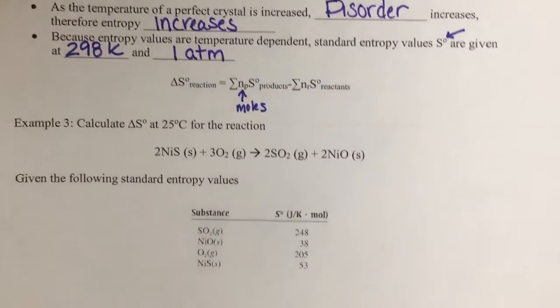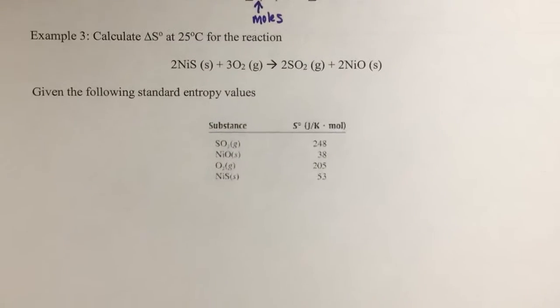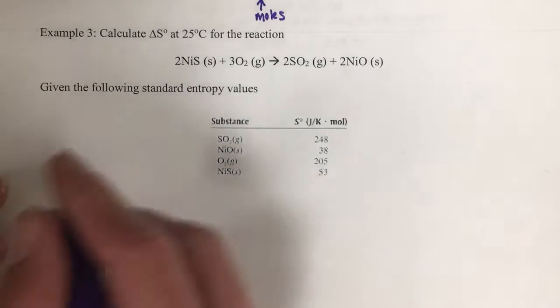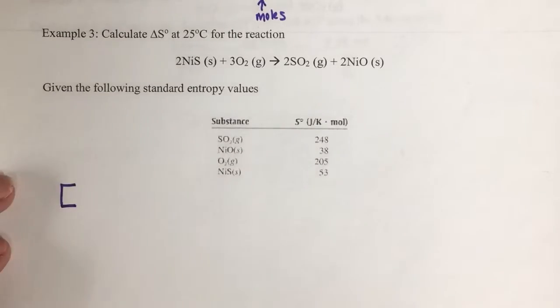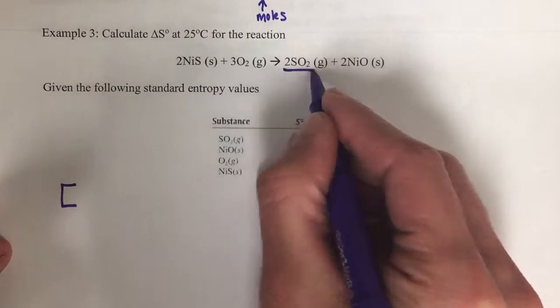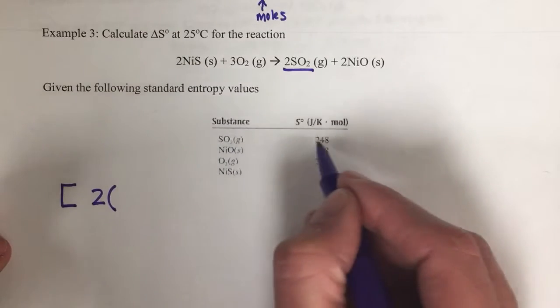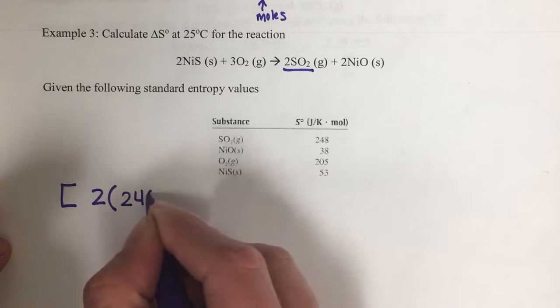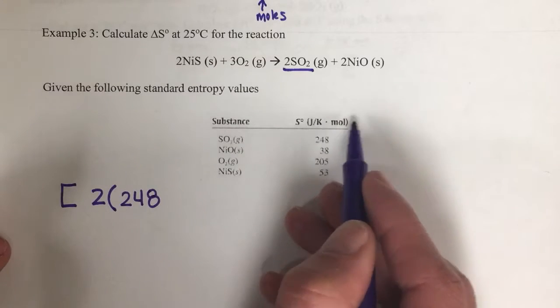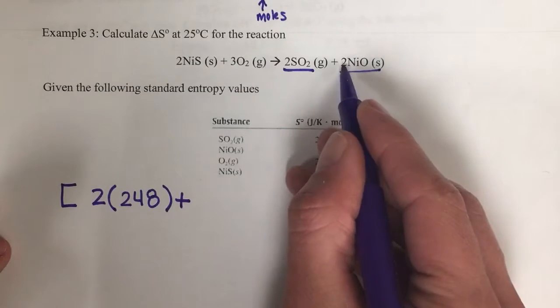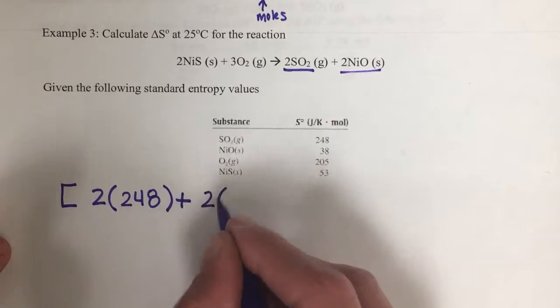Okay? So here, I've got my reaction. I want to calculate delta S. So I want to find the sum of my products. So my products, I've got 2 times SO2. SO2 is 248 joules over K dot mole, plus 2 times NiO.